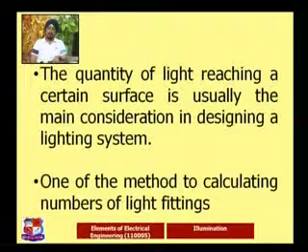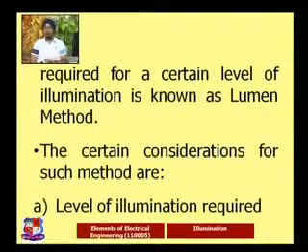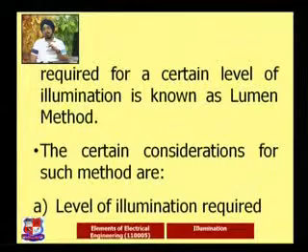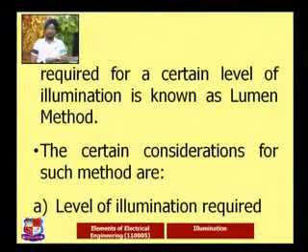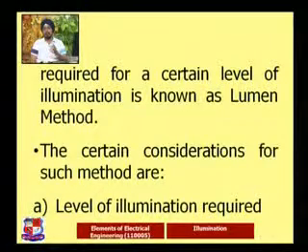One method to calculate the number of light fittings required at a certain level or area to provide light onto the object is the lumen method. The lumen itself gives how much light is required to see the object properly, and how much light is emitted by that particular source.